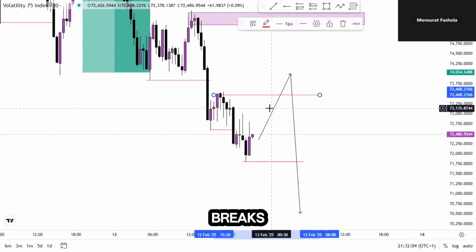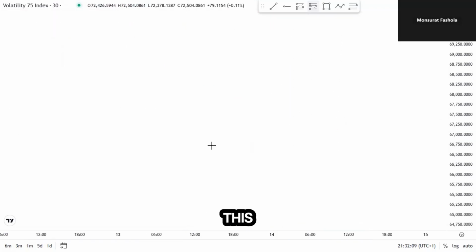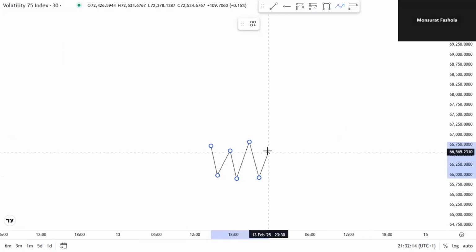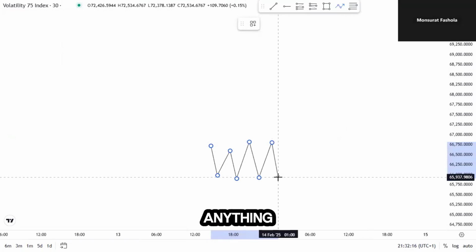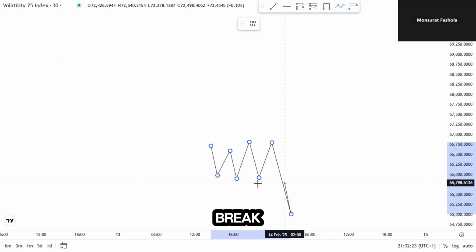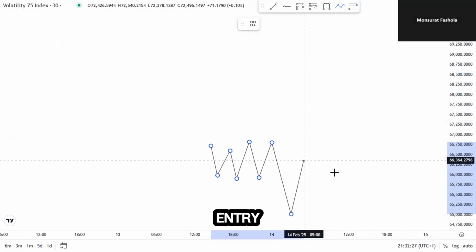When price breaks structure, you will not be looking for entry. You cannot be looking for entry when the market is like this. You wait for price to break. You must wait for price to break. The moment price breaks the structure, then you will look for an entry point.